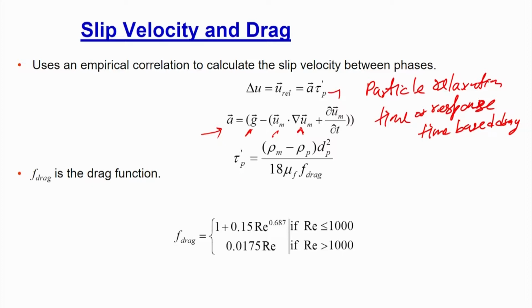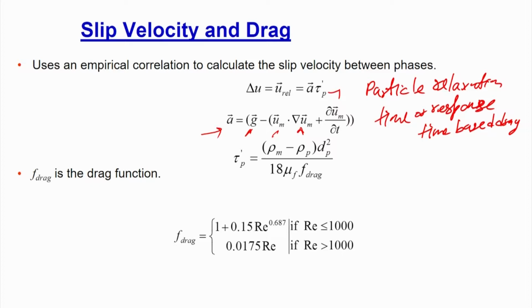Now, I said that we have not included the drag earlier. So we have included the drag in the slip velocity or relative velocity, again using an empirically developed equation. That is tau p prime, which is defined as rho m minus rho p, the mixture density minus the density of the particle or discrete phase, multiplied by dp square, the discrete phase diameter squared, upon 18 mu f, into f drag.